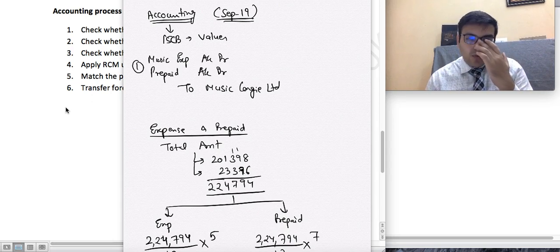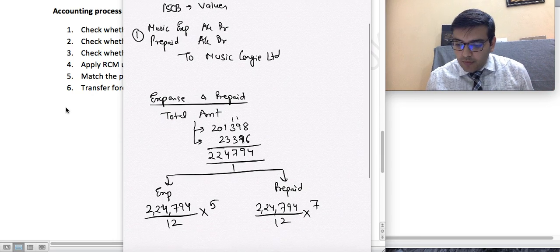First of all, what we have done, we have accounted for expense and prepaid and posted it to the party. How much will be the amount?